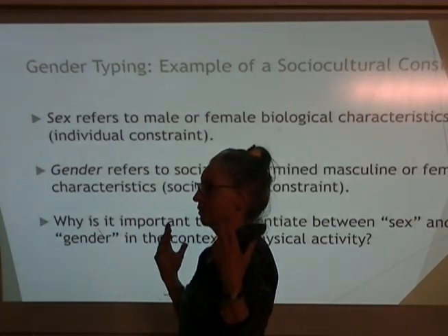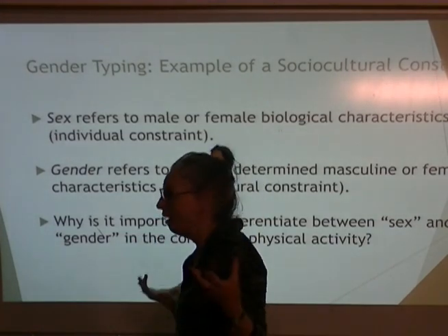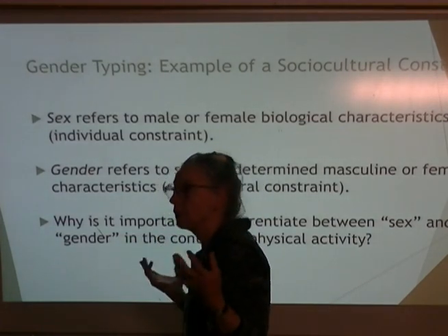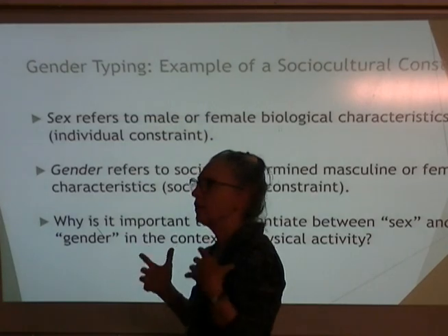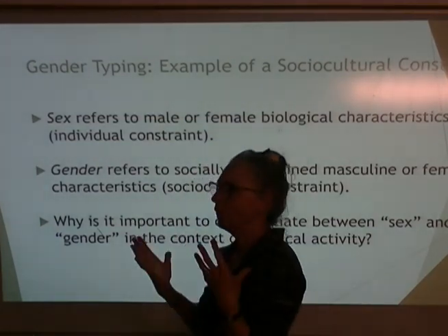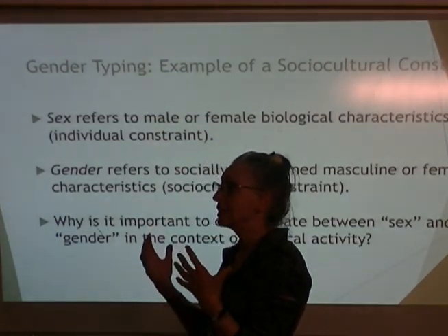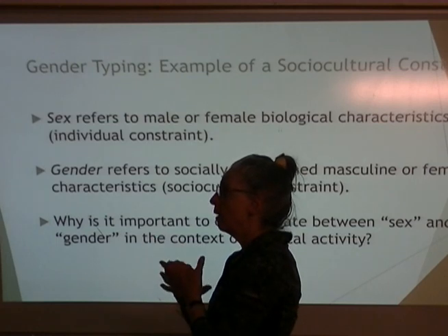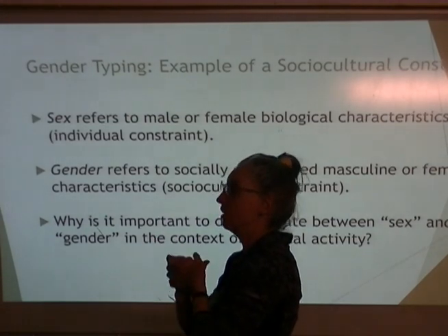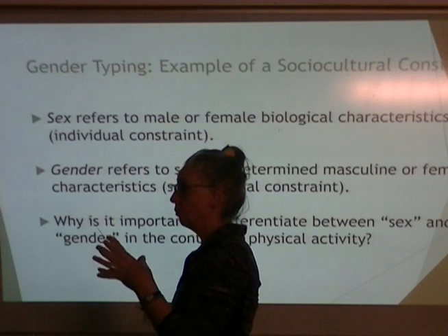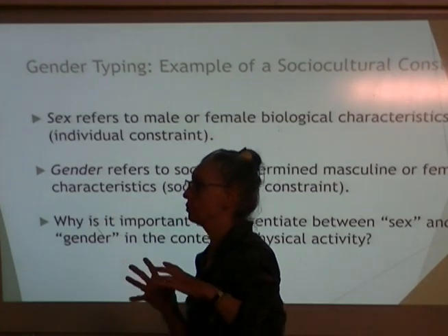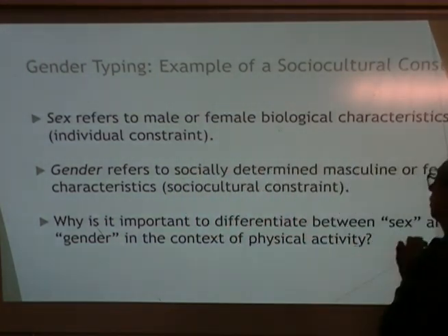It's just the way things are. And so it's important to point them out because some of them are very discouraging to movement, and so we want to try to remove those constraints if we can, right?